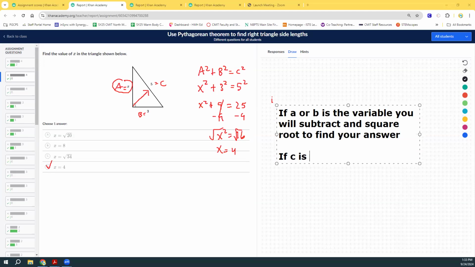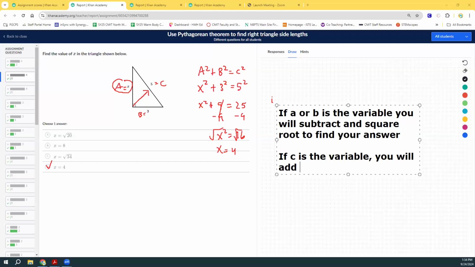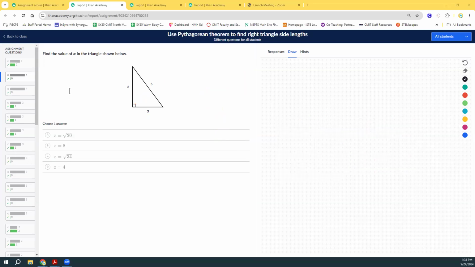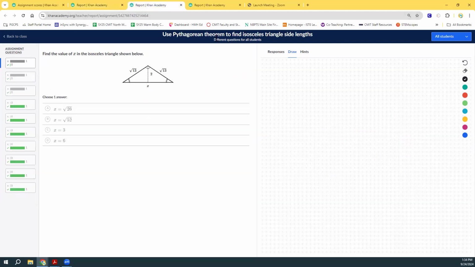If C is the variable, you will add and square root to find your answer. It's just kind of a little pattern that we see. And even though it's not precise mathematical language, if we're thinking about writing a computer program, this would be very important to know because now we know how to write our code. So let's move on to the next one.